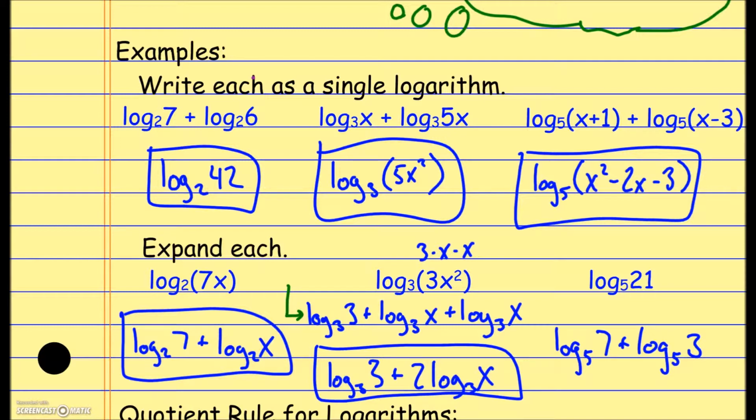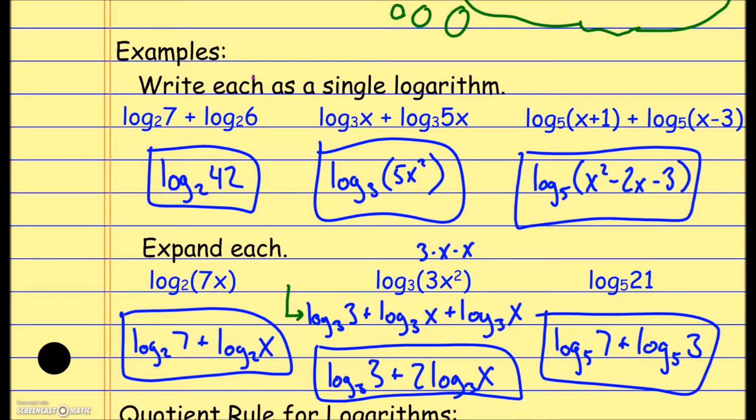See, calculators used to not be able to do logarithms, and so we would have to look these up on a table or using a slide rule. And the fact of the matter is the table or the slide rule wouldn't go all the way up to 21, but it would have log base 5 of 7 and log base 5 of 3. So by splitting this up, we could look each of those up on the table or on the slide rule and then add the decimals together. Okay? Kind of useless now because we have calculators. All right? So just keep that in mind.